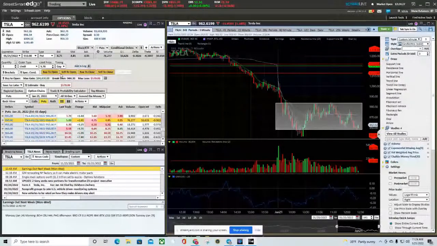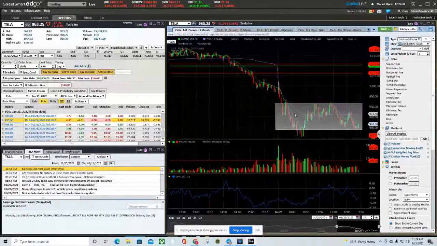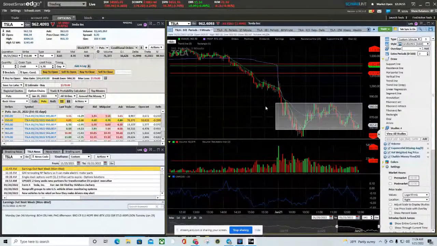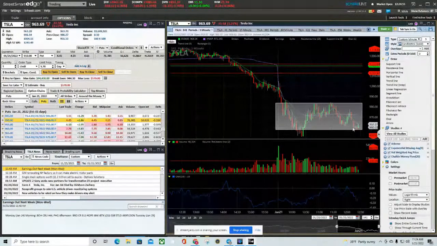Let's say you entered this trade at 570 because you thought it was going to break that low and go to 900. Well, it's just going to chop all day. You can see now, 570 was earlier, now it's 470. You just lost $1 in premium, $100 per contract. So let's assume you entered with one contract and it trades sideways all day.